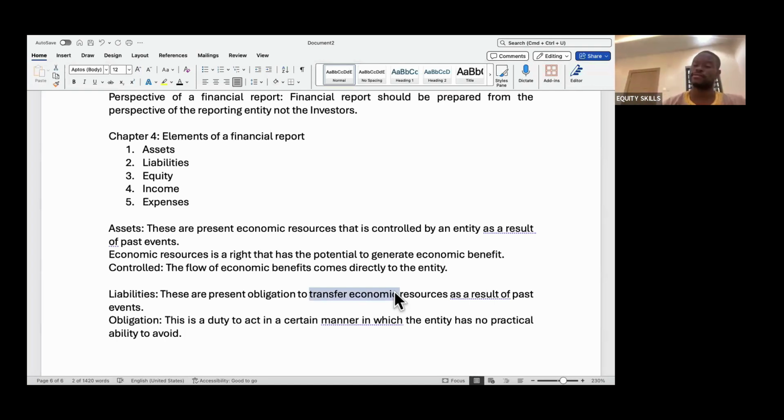You have to transfer it, cash, something like that. Then you have a liability at your hand. The list is endless, from your payables to taxes, like that. Those are liabilities.